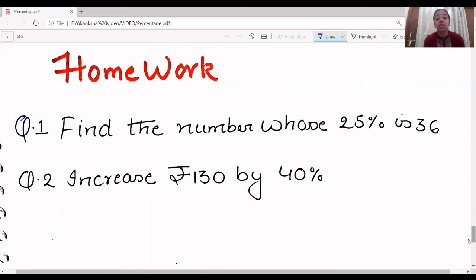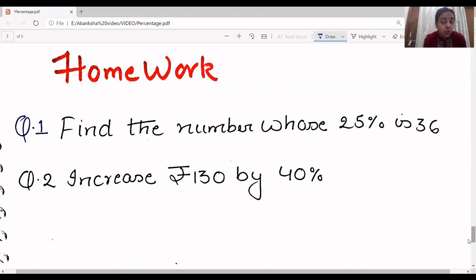So what is 40% of 130, how can you calculate it? 40 upon 100 into 130 will give me 40% of 130, and that value will then be added to 130, and that will be your answer.